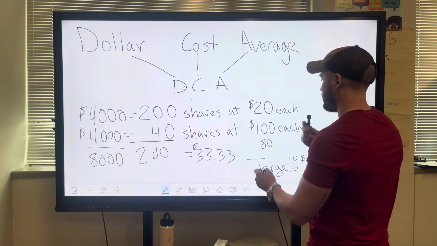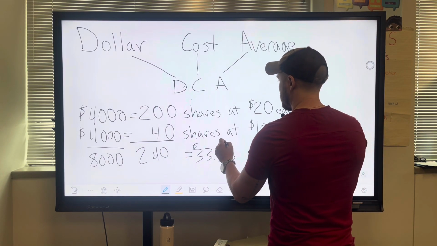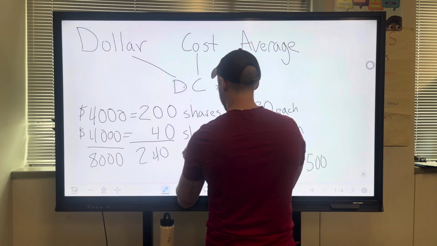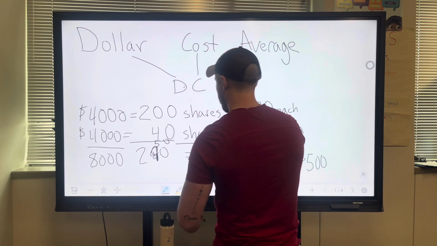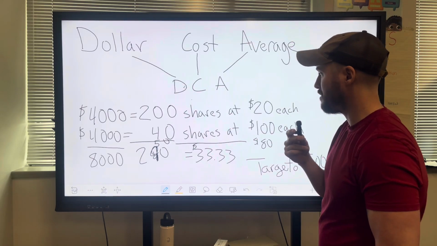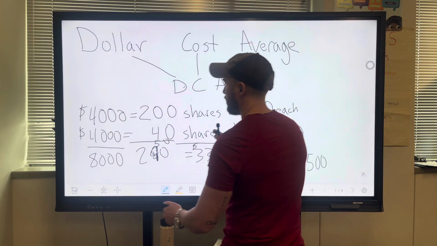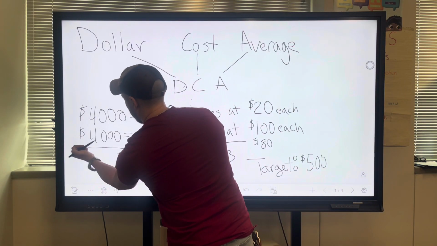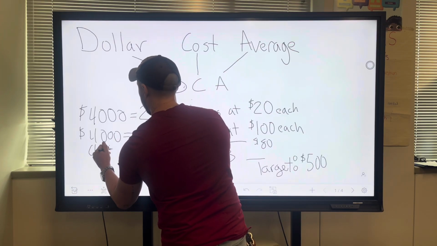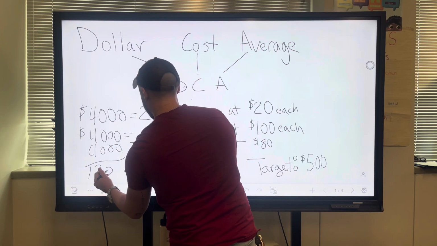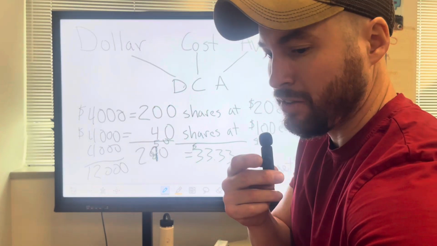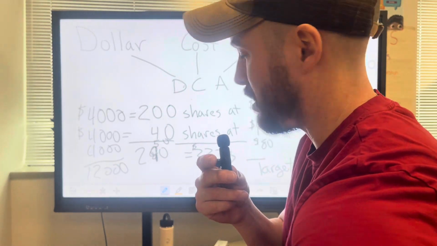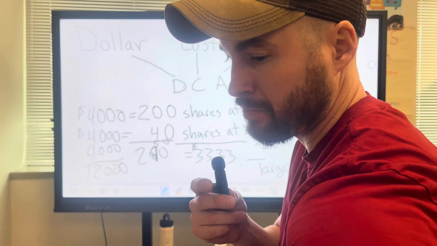And so let's say this was 50. I'm going to kind of move it over here. 50. Now you have 290 shares for $12,000 now. And now we're going to do 12,000 divided by 290.